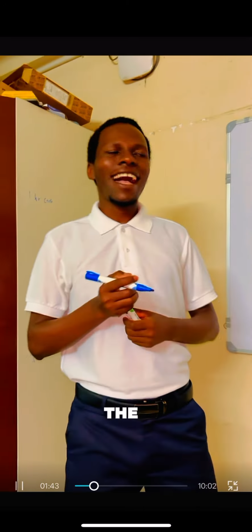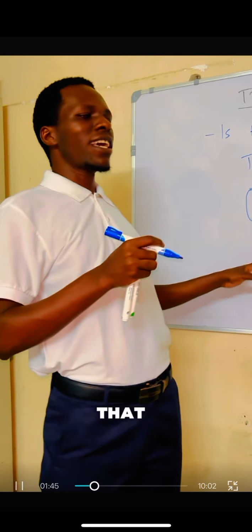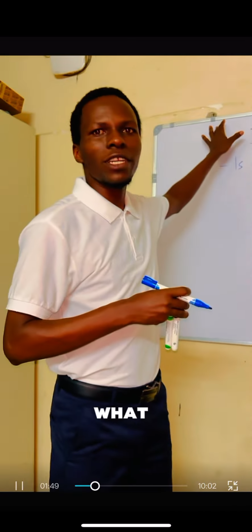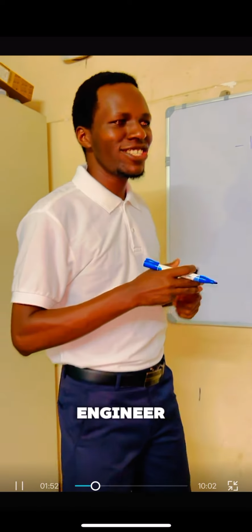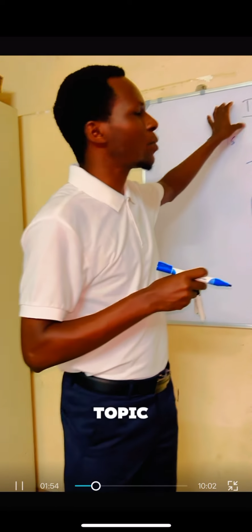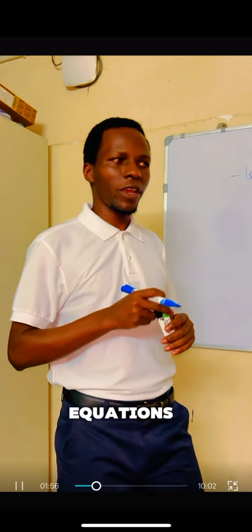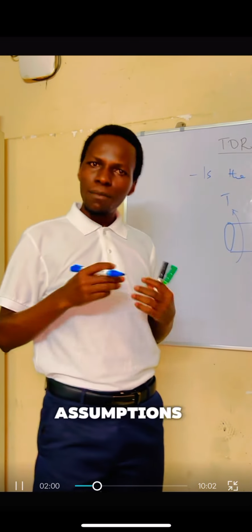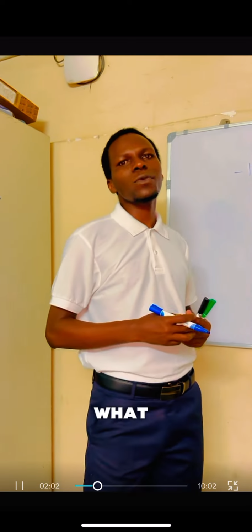Definitely there is a series of expressions that we shall have, but we need to know the torsional equations. As an engineer doing this particular topic, you should know the torsional equations. But before I take you to the torsional equations, there are some assumptions that are made when deriving this equation.